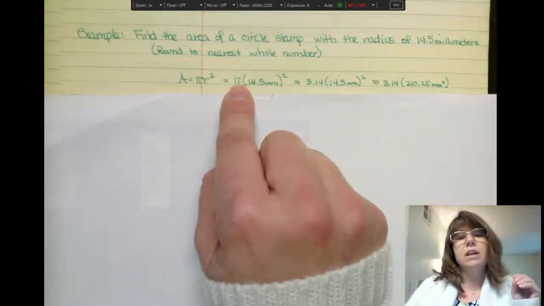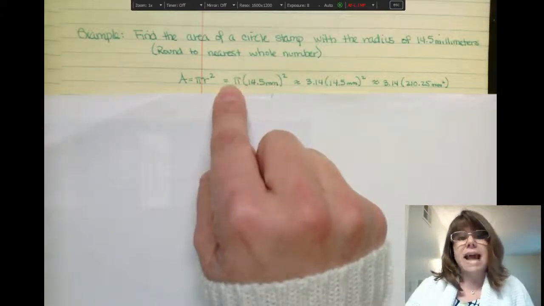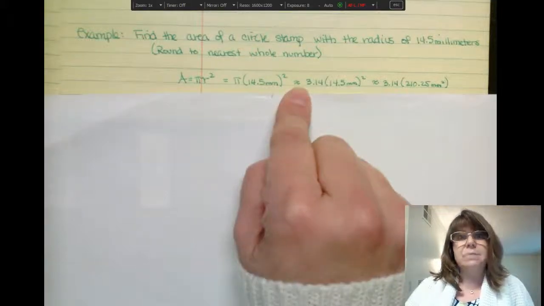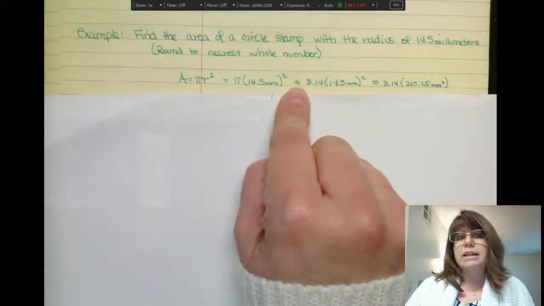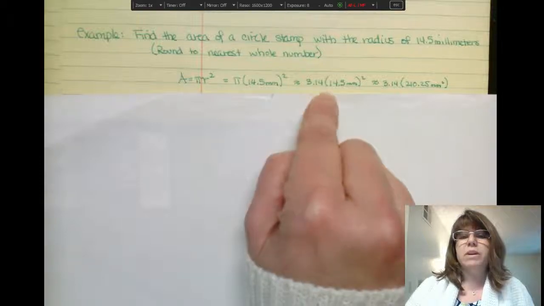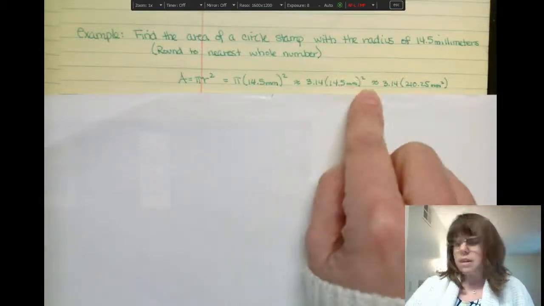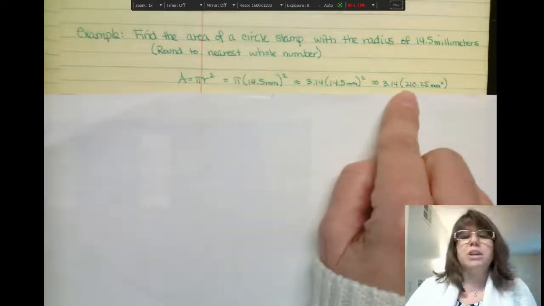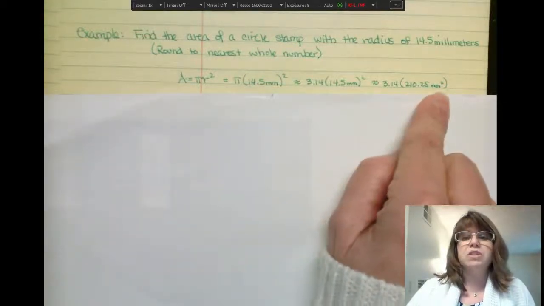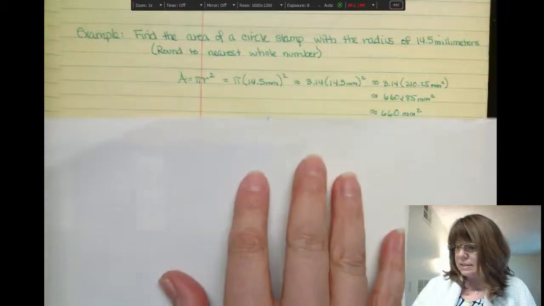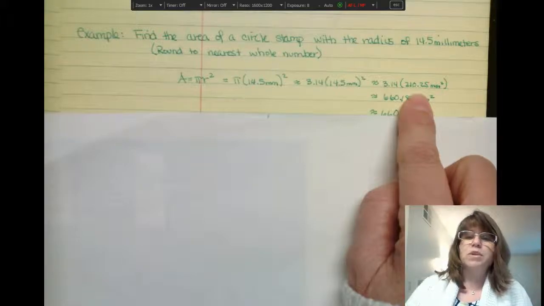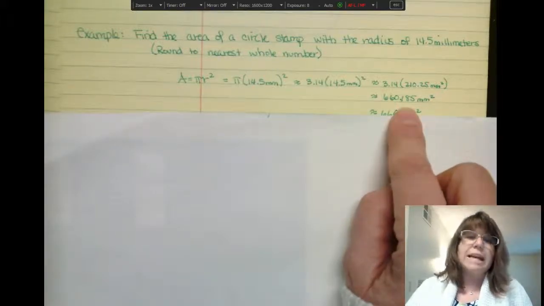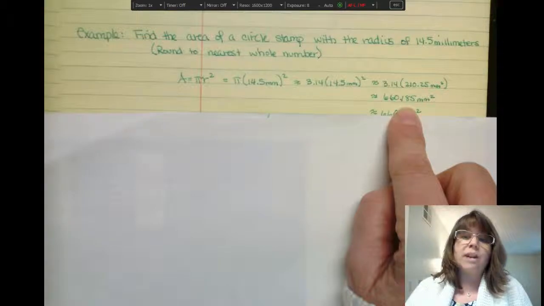When I'm actually using the Greek letter pi, it's exact, but as soon as I estimate pi to be 3.14, it's no longer equal. So 3.14 times 14.5 millimeters squared. 14.5 millimeters squared ends up being 210.25 millimeters squared. And lastly, 3.14 times 210.25 millimeters squared will give me 660.185 millimeters squared.